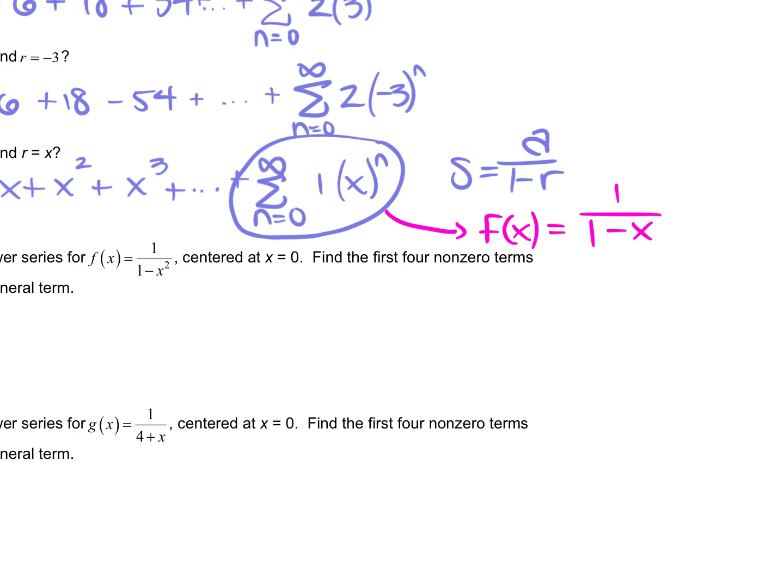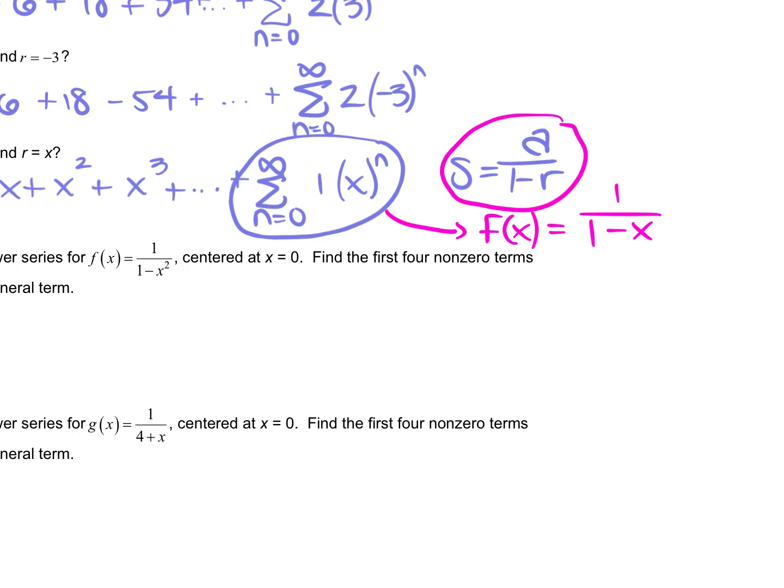So what this tells us is that if we are given equations that we can manipulate to be in this kind of format, we can use geometric series to write out their terms a little bit more easily. So it's seeing a pattern and using it to quickly write the series without taking nasty derivatives again.